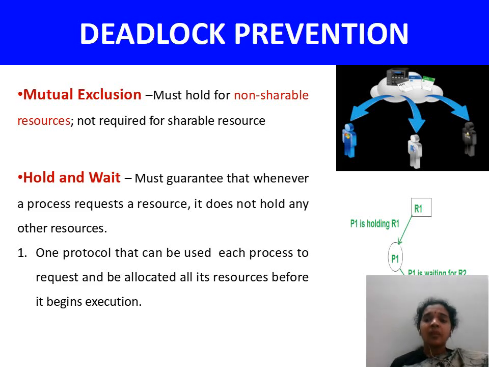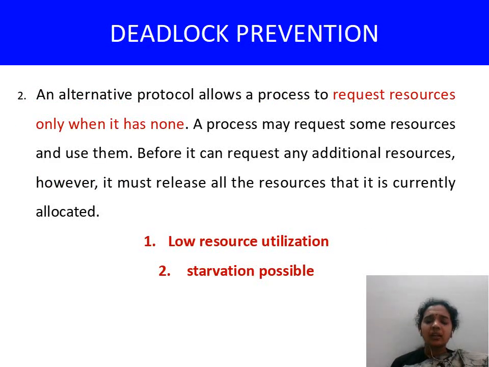If a process needs one resource early in its execution and does not need some other resources until much later. And in the second possibility, the process holding the resource must release them before requesting new resources, and it may request the released resources along with a new one in a single new request.